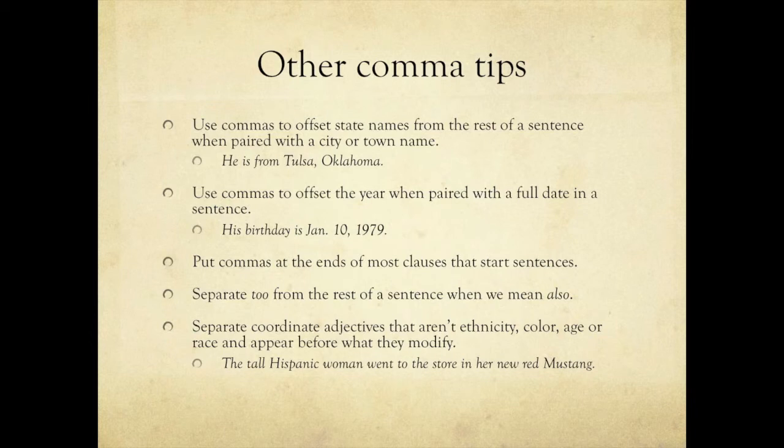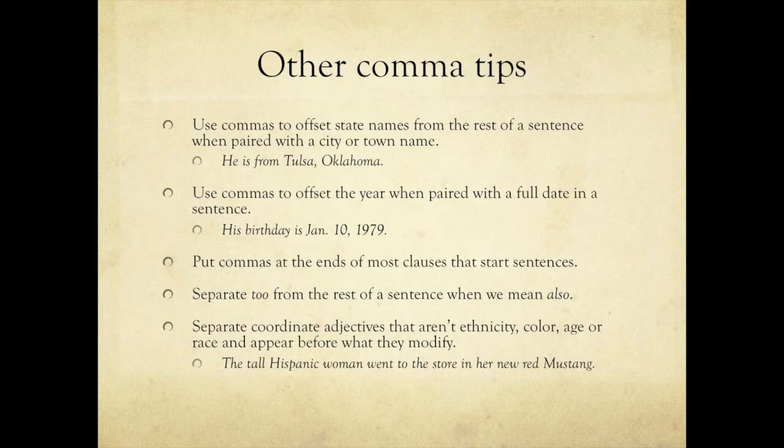We also separate coordinate adjectives with commas. But we do not do that with adjectives that deal with ethnicity, color, age, or race. The way you can tell whether you have coordinate adjectives is, A, you can put "and" between the two adjectives if they appear before what they modify, and it still makes sense.